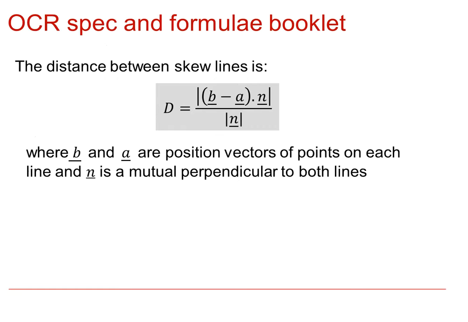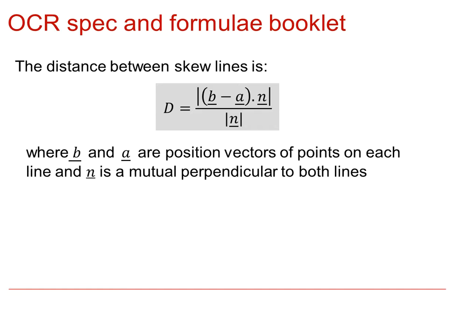So the distance between the skew lines is given by this formula for D, remembering that B and A are position vectors of points on each line respectively, and that n is a mutual perpendicular to both lines.